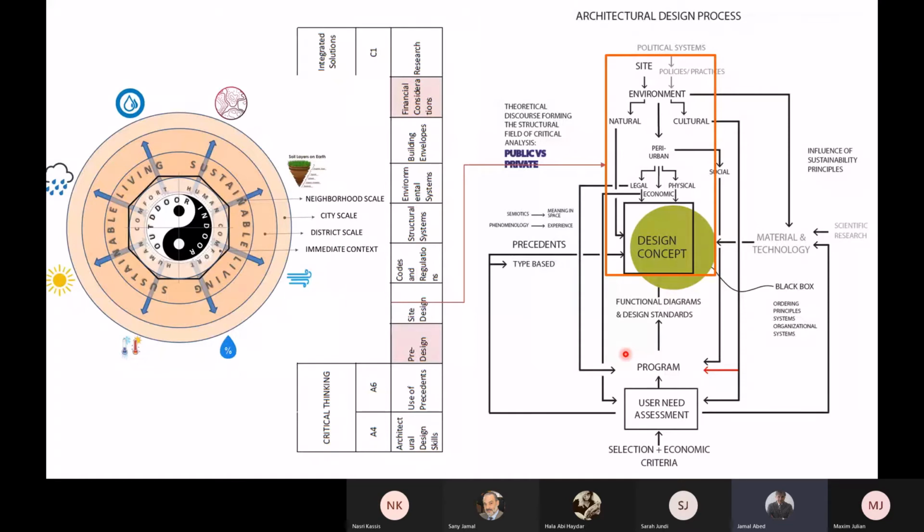And we've looked into the site not only from its immediate context, but we've learned through all these lenses that are in front of you, whether topography, soil, water, humidity, climate, wind, and what have you, across a number of scales from the city to the district level to the neighborhood and to the immediate context, trying to look into that particular system with a particular target, being how to achieve sustainable living. Okay, so that was the main driver in looking through this particular dimension.